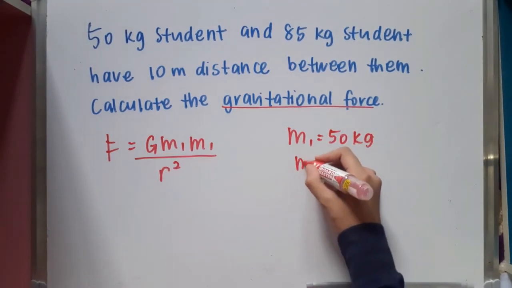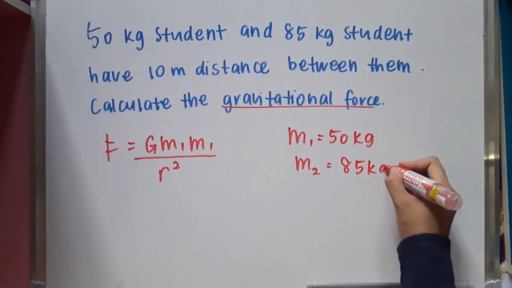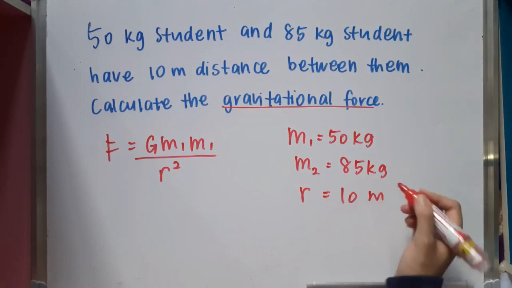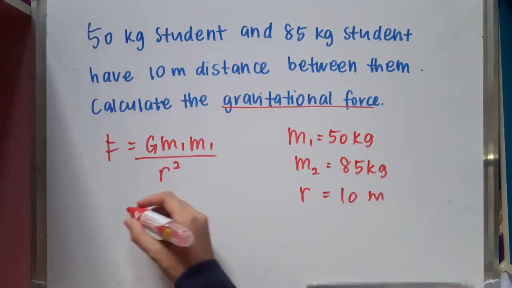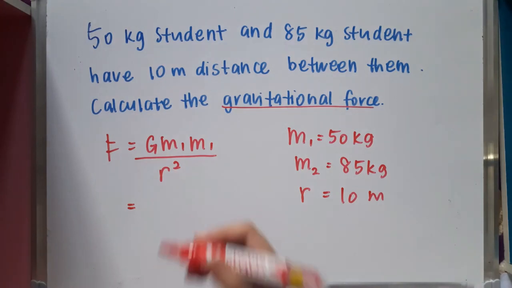Okay, so m1 here is 50 kg, right? And m2 is 85 kg. We have r, the distance, which is 10 meter. So we just need to transfer the information. So what is G? G is constant, right?